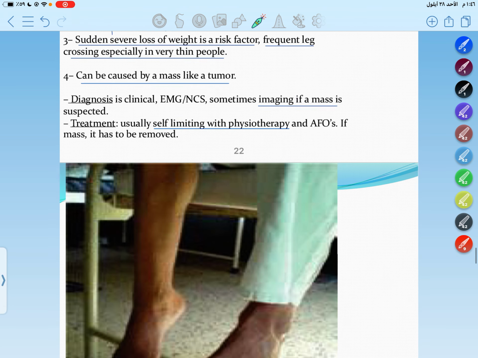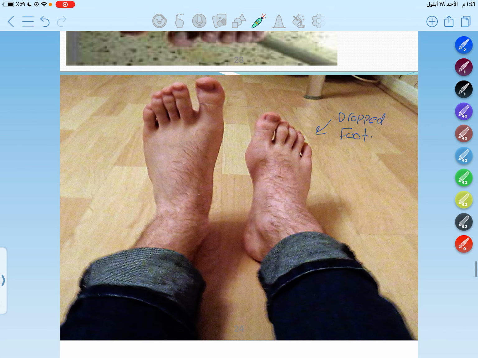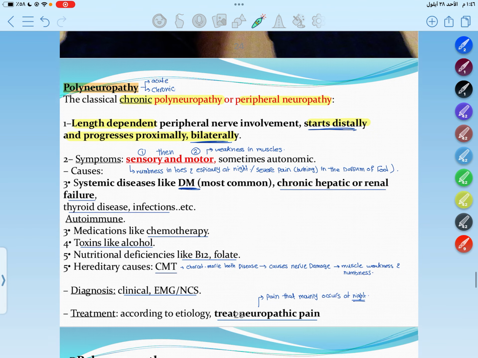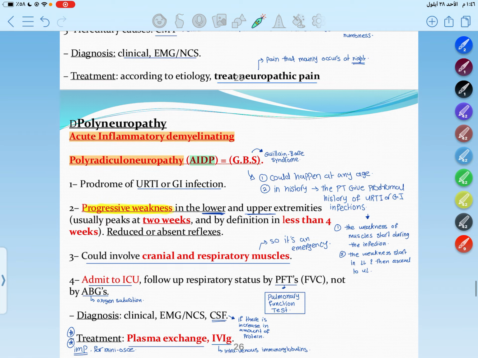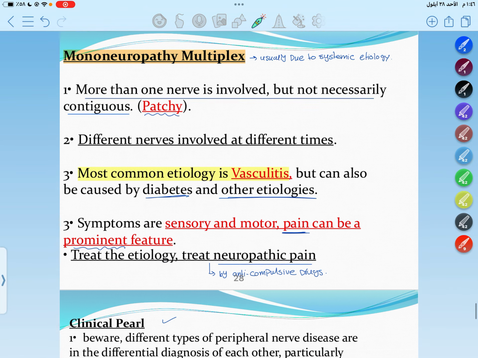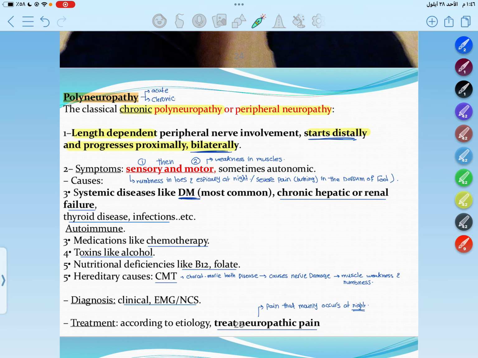So this is a single nerve. If more than one nerve is involved, it is polyneuropathy.